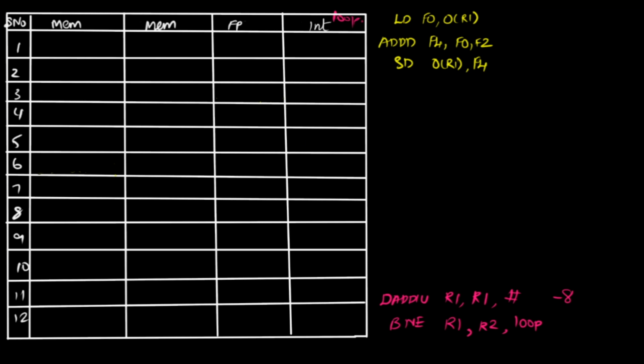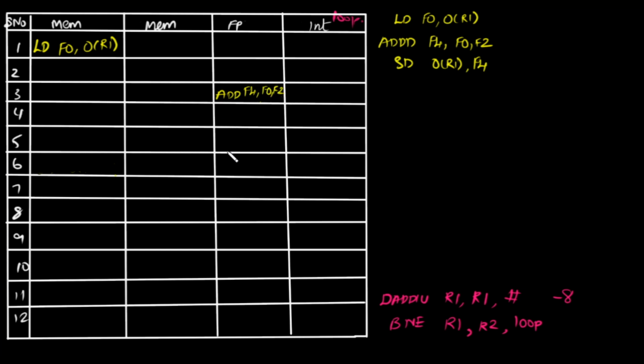Okay, so the first slot we have to fill now. The first slot LD F0, 0 of R1, and we'll have one delay, and we have to put the ADD.D F4, F0, F2.